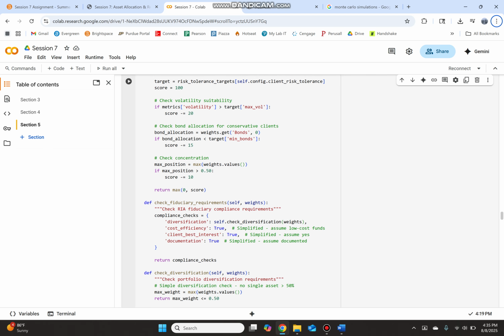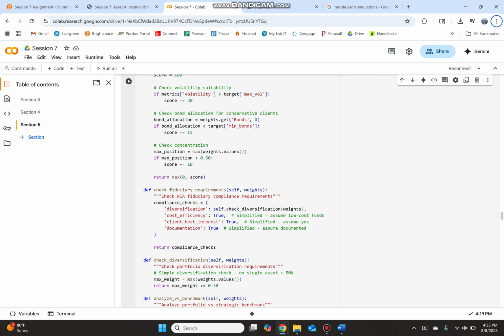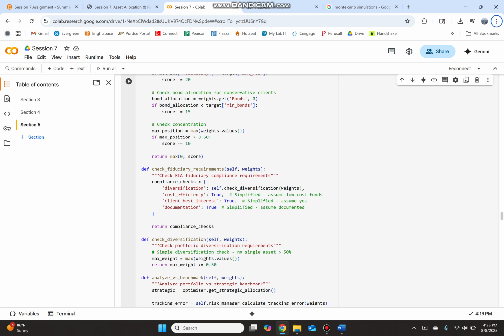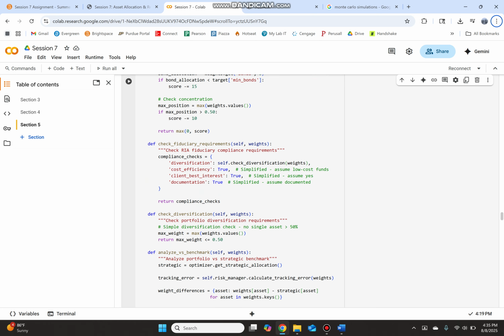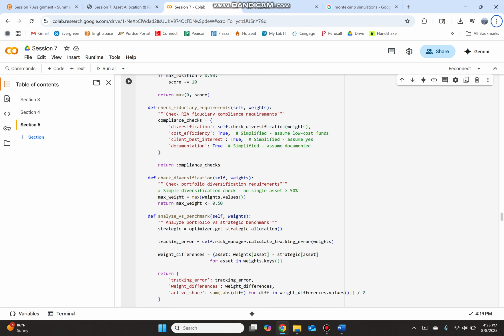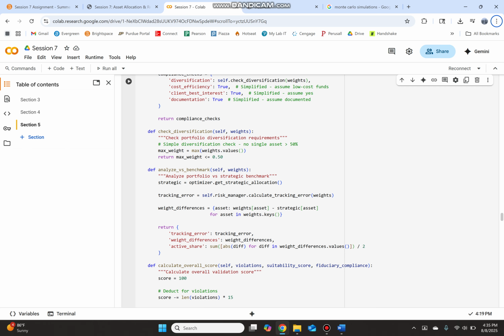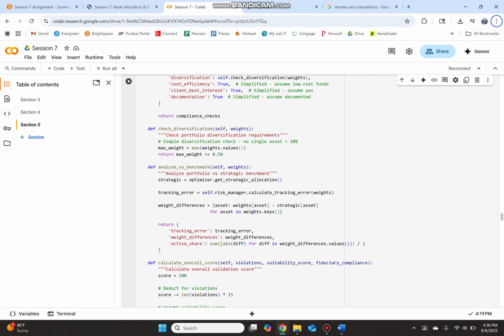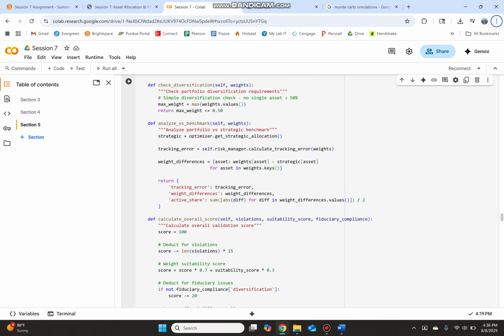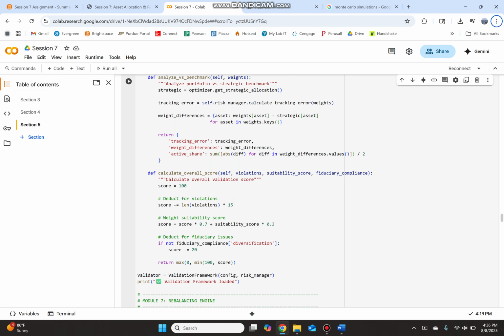It checks our fiduciary requirements, checks that we have minimum diversification, cost efficiency, and that we're within the best client's interests. We just assume yes because we're talking to them, and we have documentation. We don't, but we assume so, we just know that we need to put that in later. We check our diversification, make sure that it's not above 50%, as we said earlier in our limits. Our max weight is less than 50%, and then we check versus the benchmark to make sure that everything is up to date and our calculations are right, and then it'll give us an error if there are any.